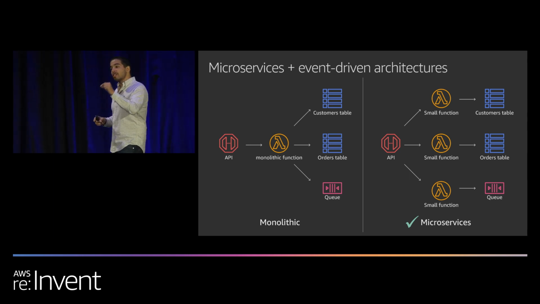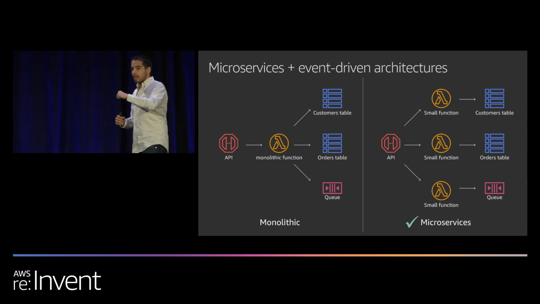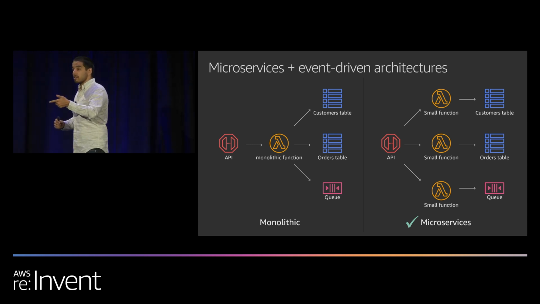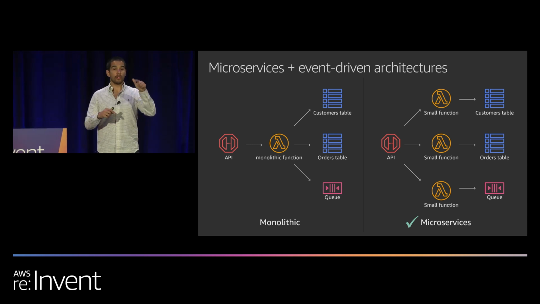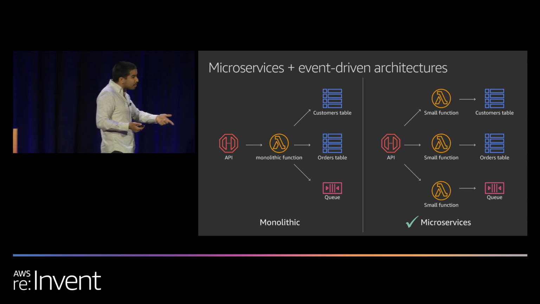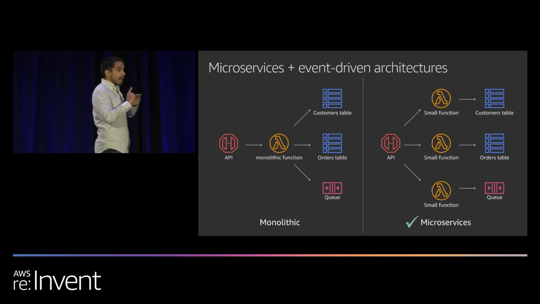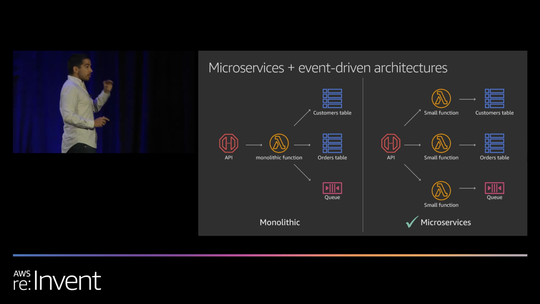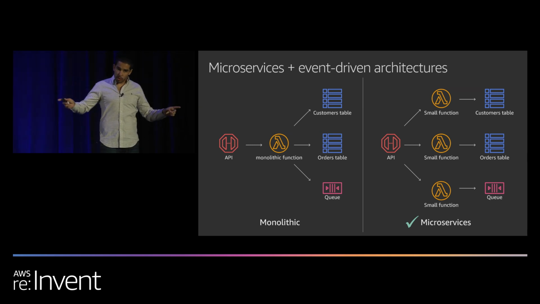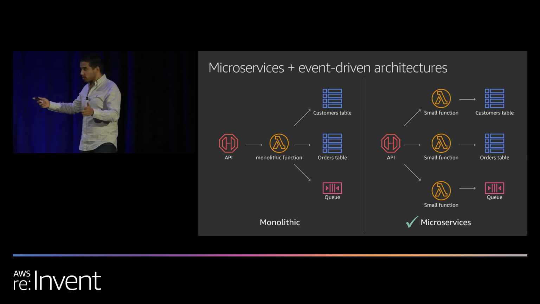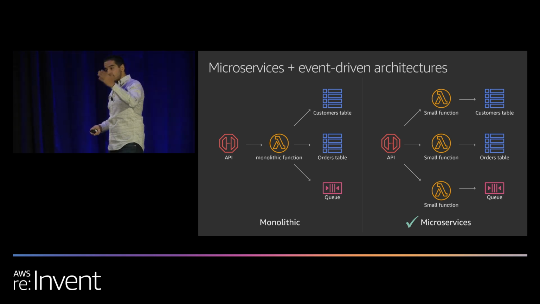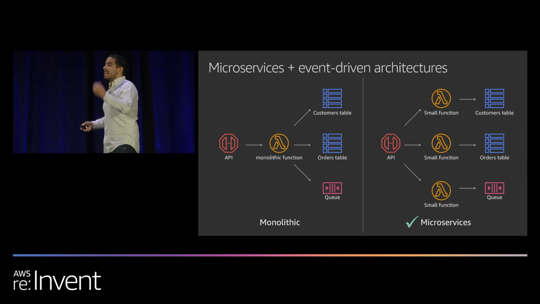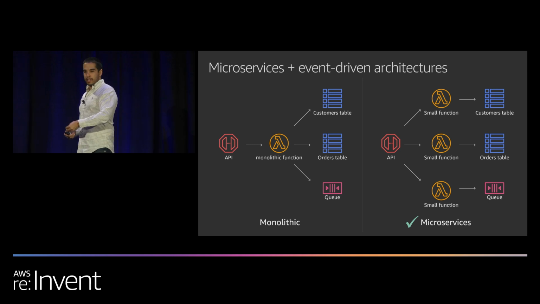But the execution environment that sits on top of that micro VM can be reused for other executions of your own Lambda function. As a result, you shouldn't be sharing any information in that runtime. If you need to pass information to other components of your application, you should be using external services like SQS or SNS topics, and this is the concept of event-driven architectures.